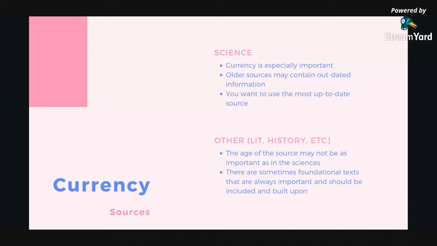And for other source types from other fields, like literature, history, etc., typically the source information about history doesn't change, right? Because it's already happened. They're just retelling things that happened. Now, there might be something that comes out where we thought something for a long time and found out it isn't true.